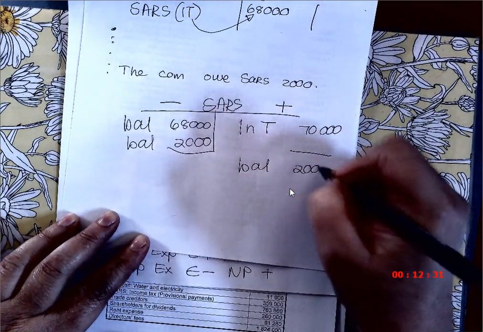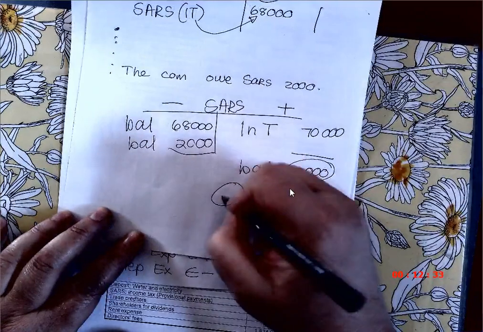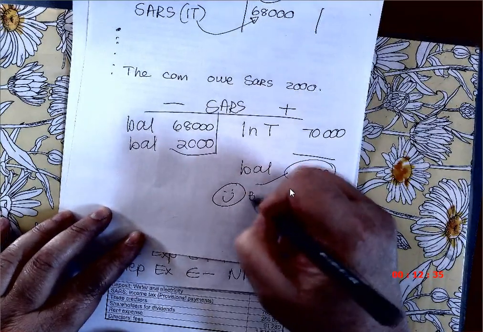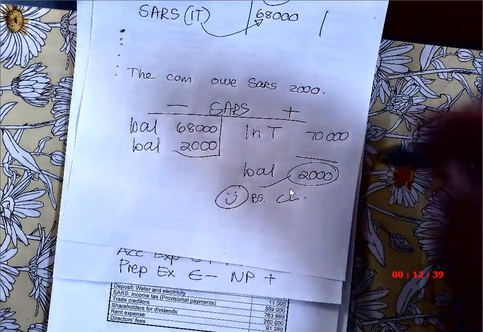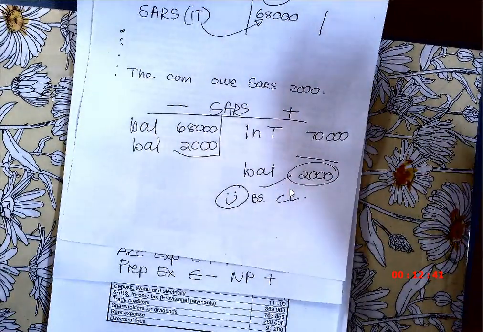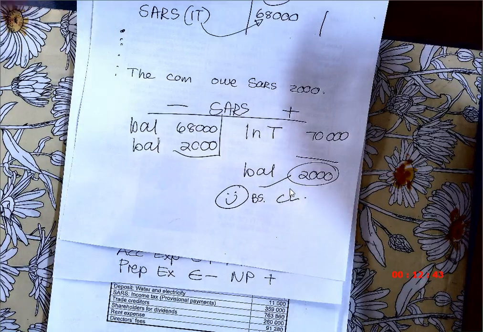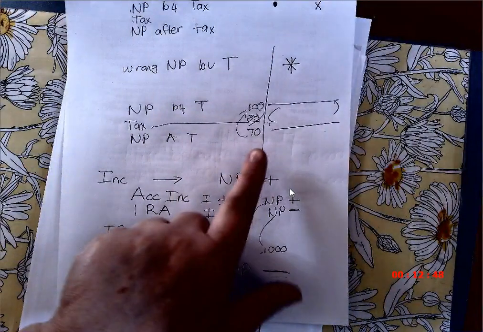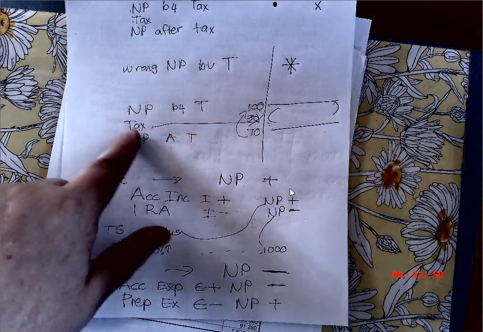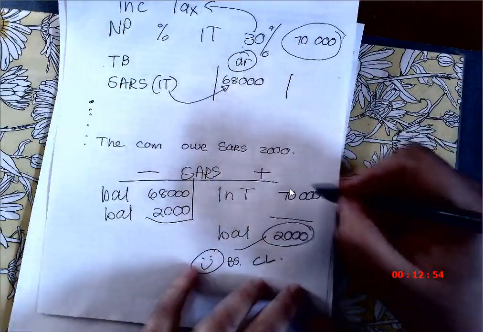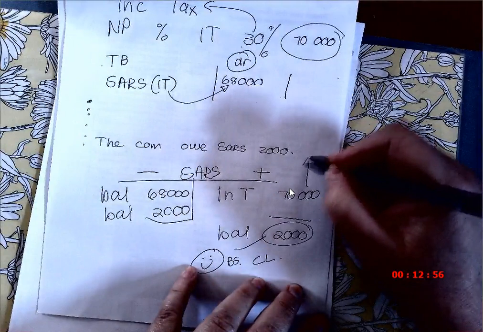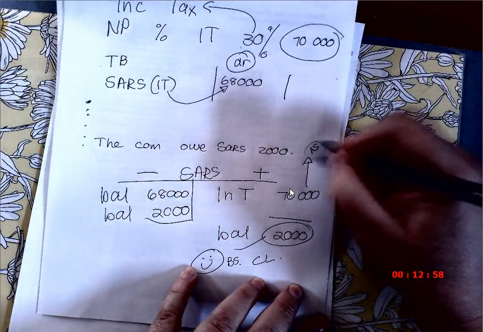Oh, that 2 goes to the face of the balance sheet, under current liability, SARS income tax 2,000, because that's what I owe them. But now, what did I say to you? When we are doing this fixing of the error, now we have here tax, and they don't give me the 70. I'm looking for the 70 because that's the one that goes to the income statement.